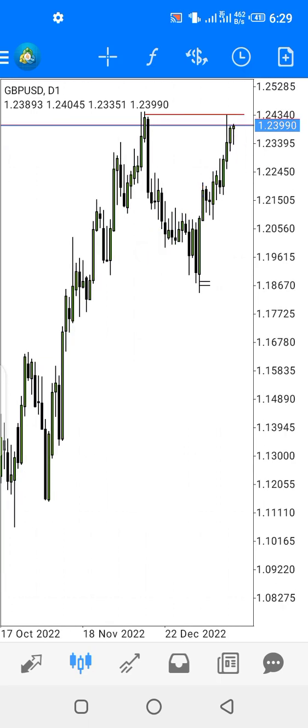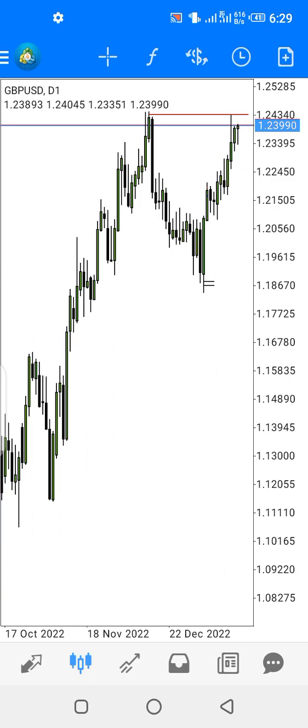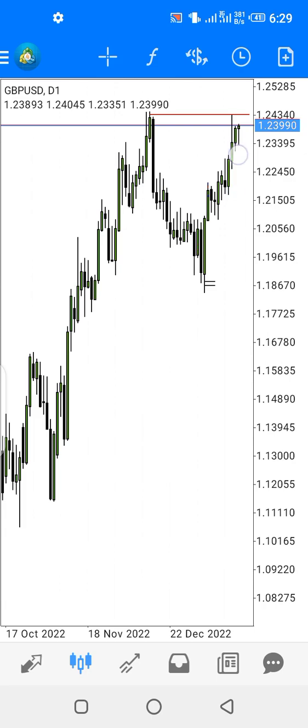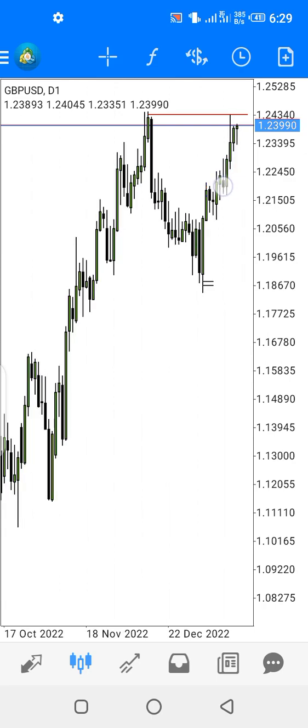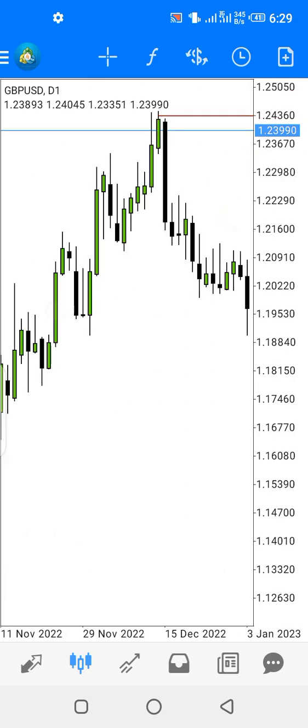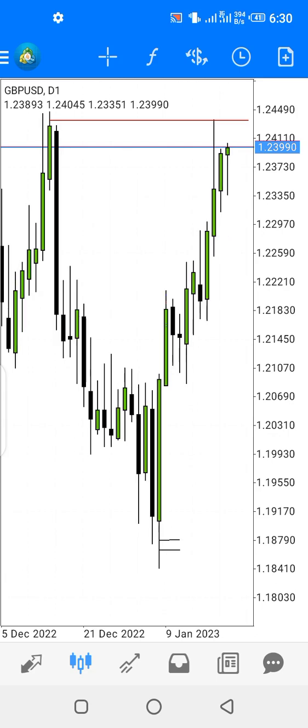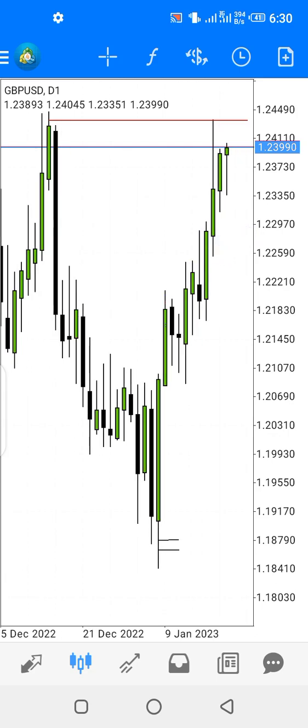That's what I'm expecting. It had already gone there once and created like an equal high, so there's liquidity there. So it retraced significantly as if it wanted to drop. It dropped below this green candle, but it doesn't move higher. You understand? So it came back here again, dropped into 50% of the body of this candle, then rallies high.